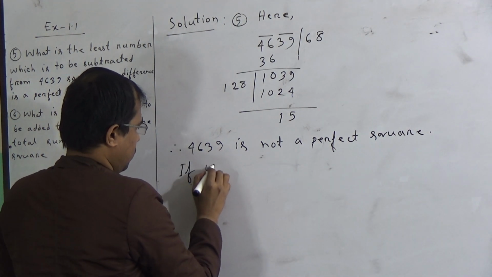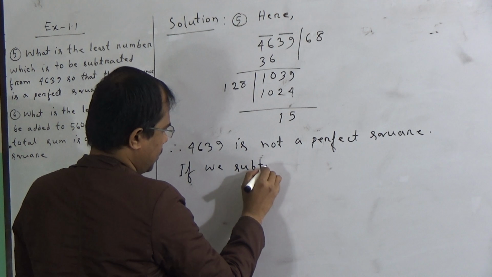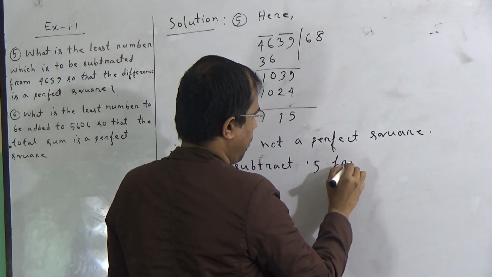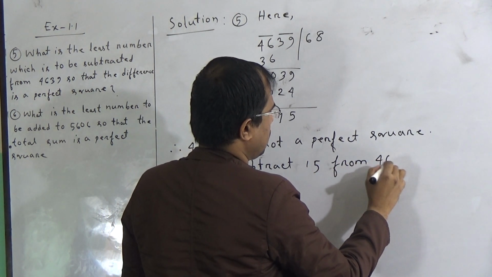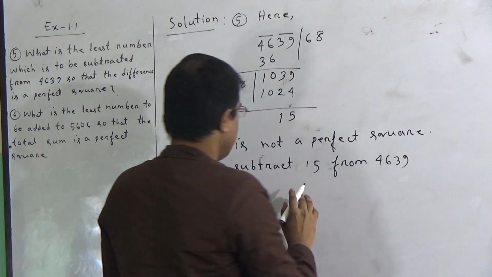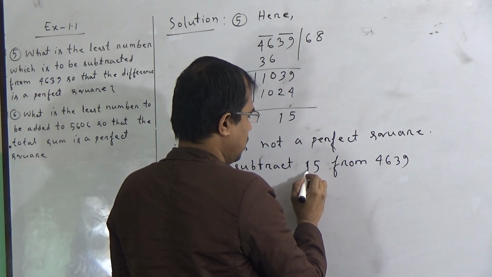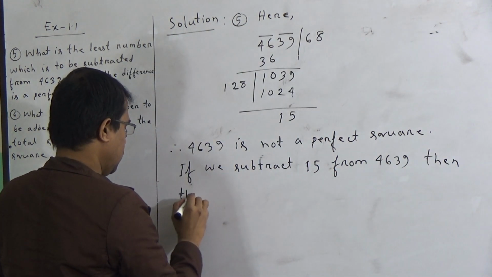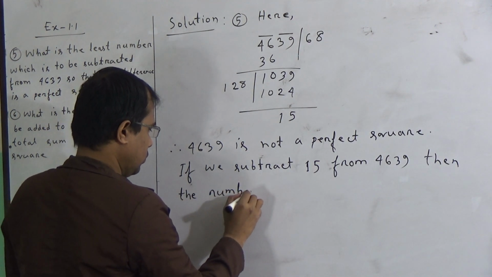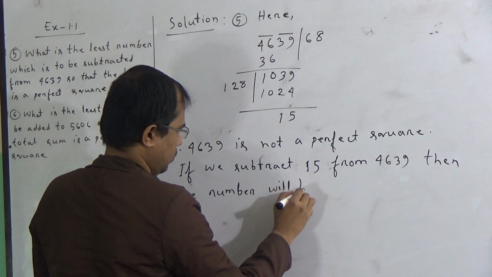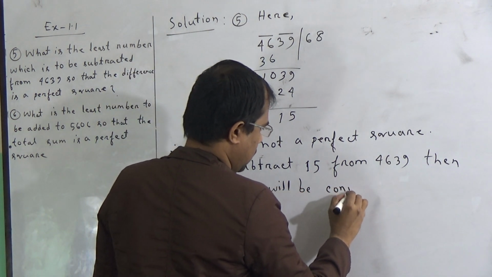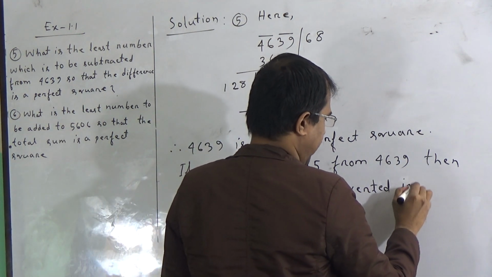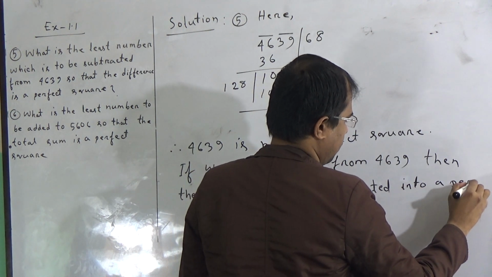If we subtract 15 from 4639, then the number will be converted into a perfect square.